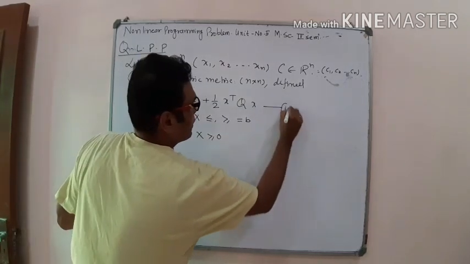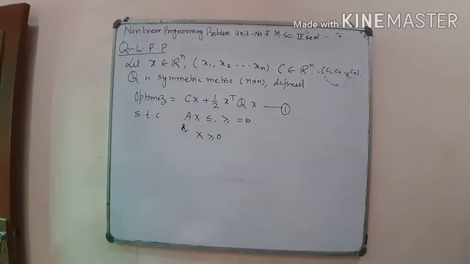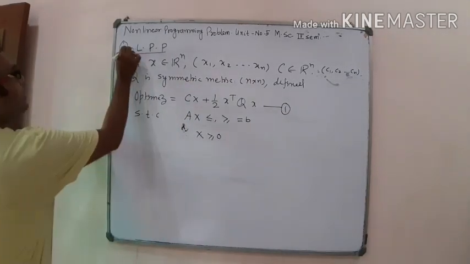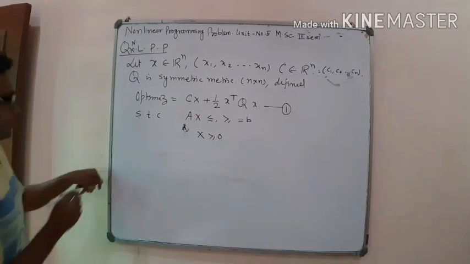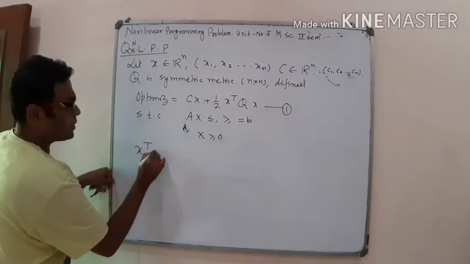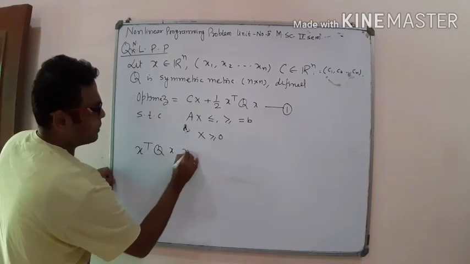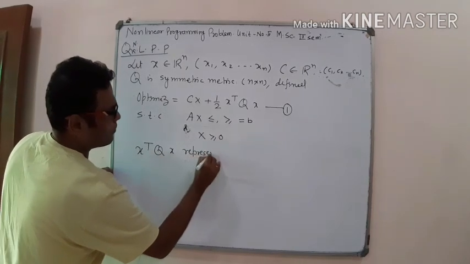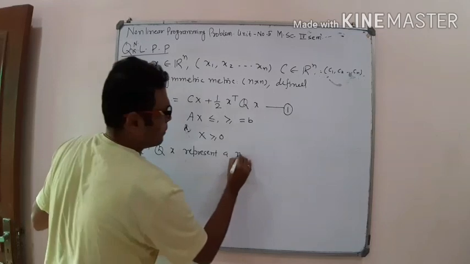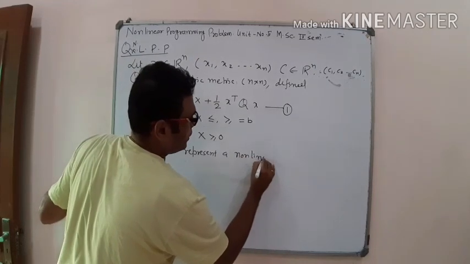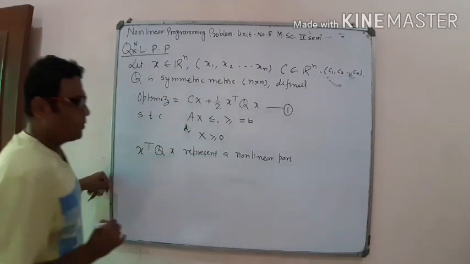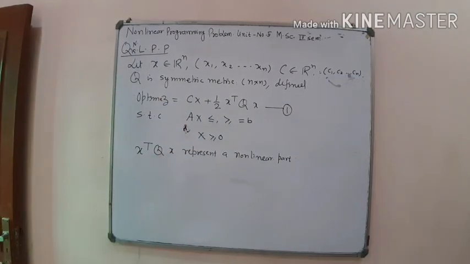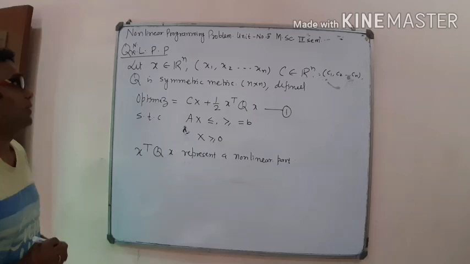Then problem number 1 is called a quadratic nonlinear programming problem, where x transpose Qx represents the nonlinear part.